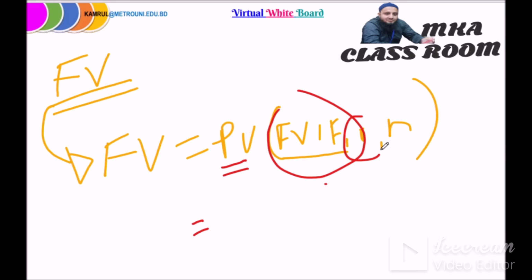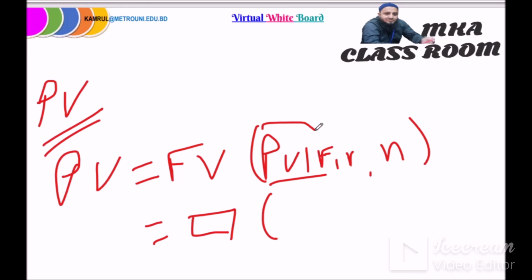Here should be your future value, and you use this table by the rate of interest and n. There you get a value. If you multiply by this value, then you get your desired amount. That is also easy for you, as before we have learned these types of techniques.